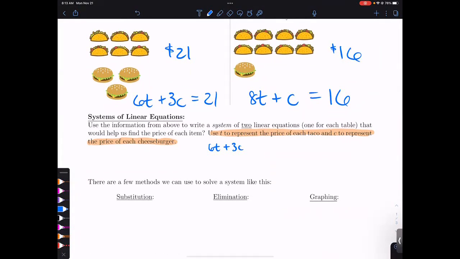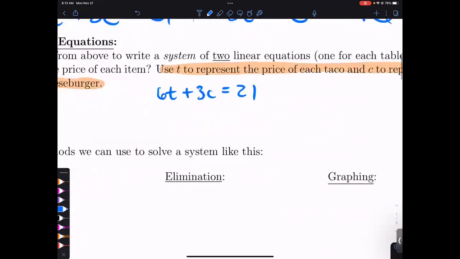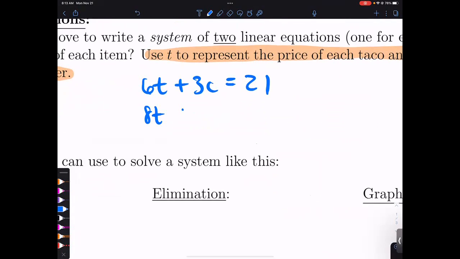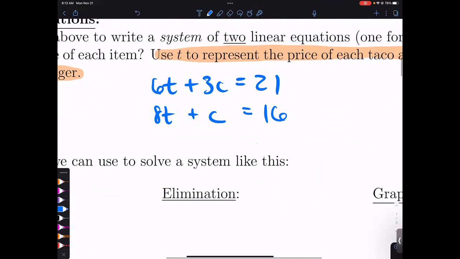So when we write a system of equations, what we'll often do is write those two things paired up like that and use a big curly brace. Everywhere else that we've used curly braces, they've meant that these things go together, like a set.